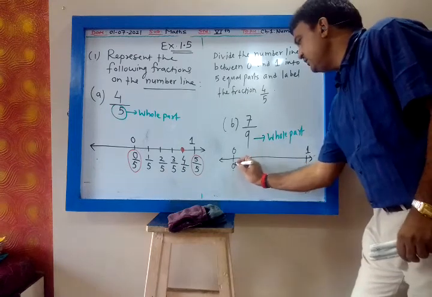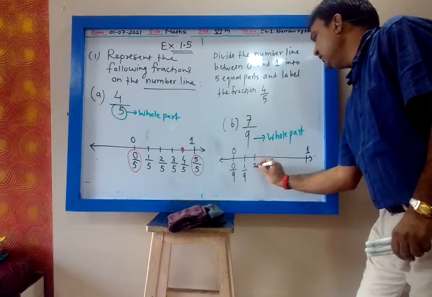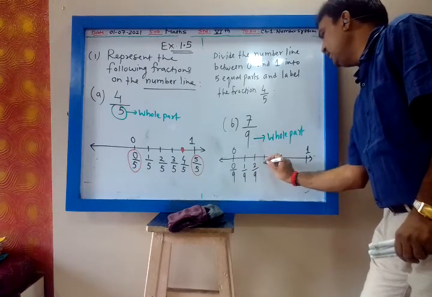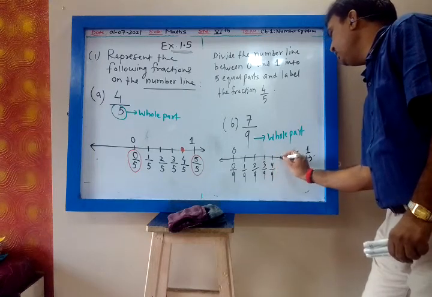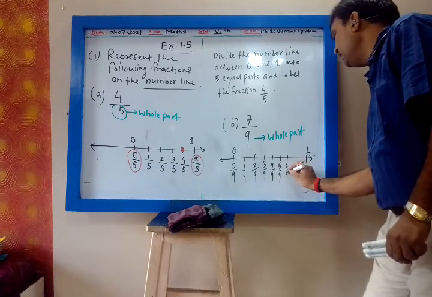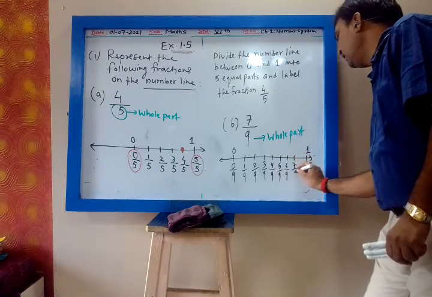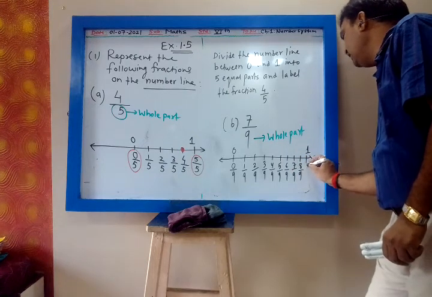So that is 0 upon 9, then 1 upon 9, 2 upon 9, because the denominator is the whole part. 3 upon 9, 4 upon 9, 5 upon 9, 6 upon 9, 7 upon 9, 8 upon 9, and 1 will be the same as 9 upon 9.